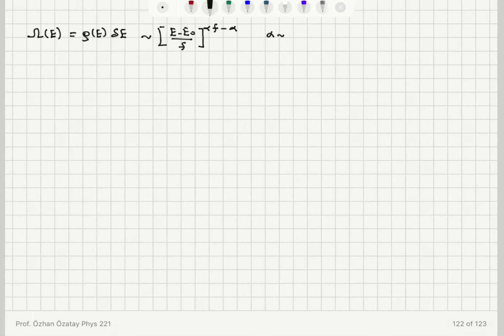And alpha is of the order of 1. F for a macroscopic system is of the order of Avogadro's number, that is much greater than 1. Therefore, I find that the number of accessible states for this energy range scales as the total energy minus the ground state energy to the power F, to a good approximation.